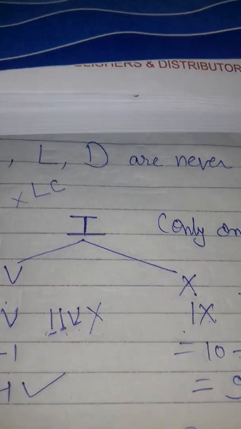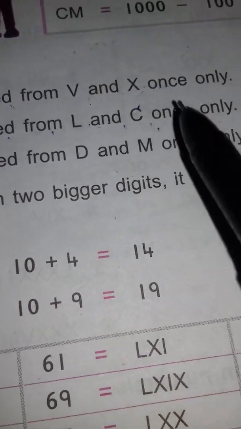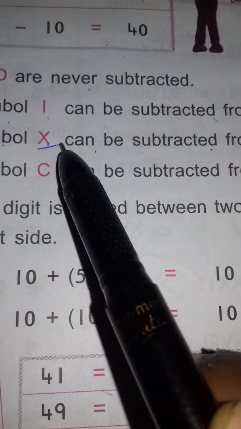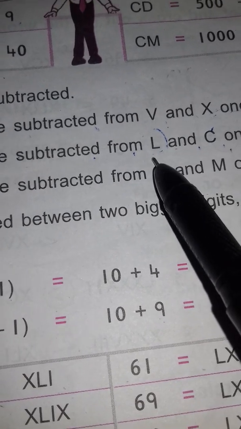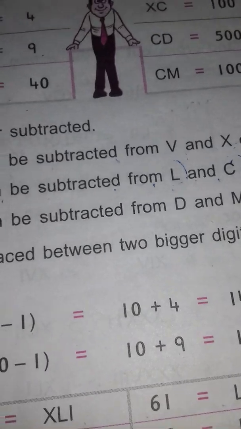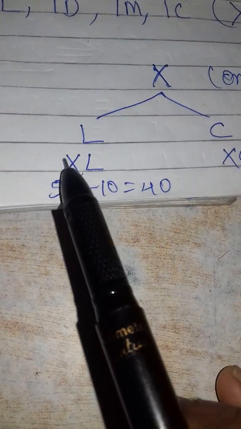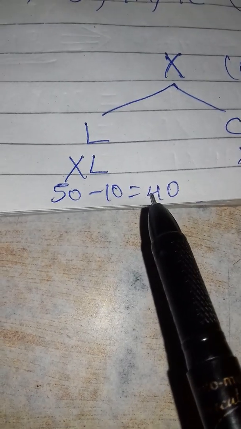Okay, similarly, the symbol X can be subtracted from L and C once only. If we are subtracting this symbol from L or C, we can subtract it only once. For example, if you have to write 40, you write XL, which means from the larger number you are subtracting the smaller number, 50 minus 10 is equal to 40.